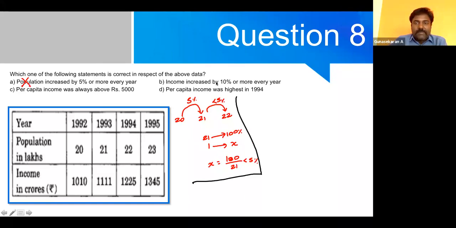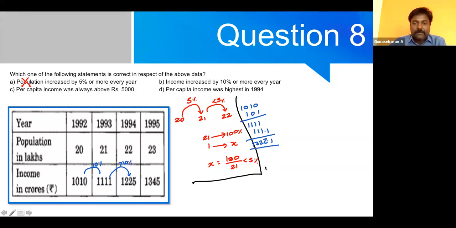Income increases by 10% or more every year. Income. 10% is how much? 111. So it is 10%. Fine. From here to here, one to 2.1, it is more than 10%.